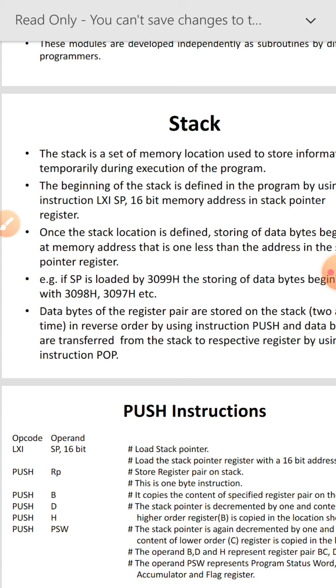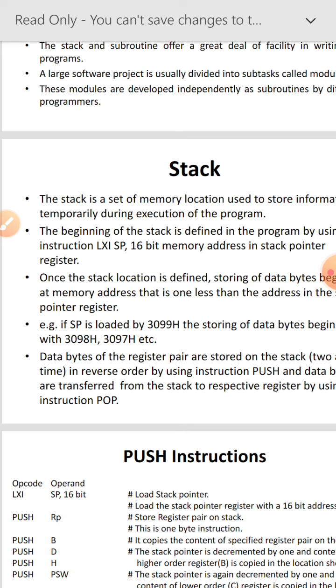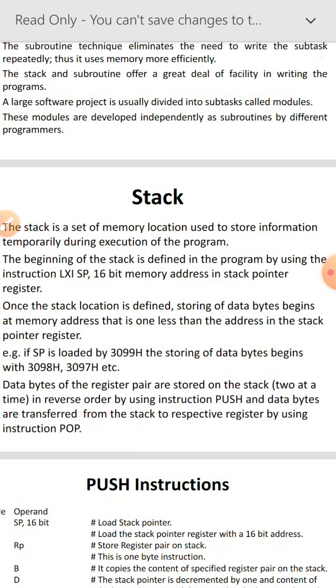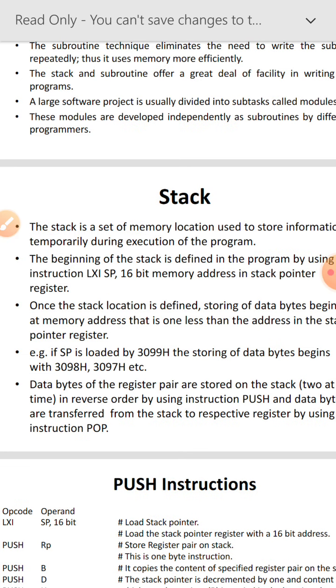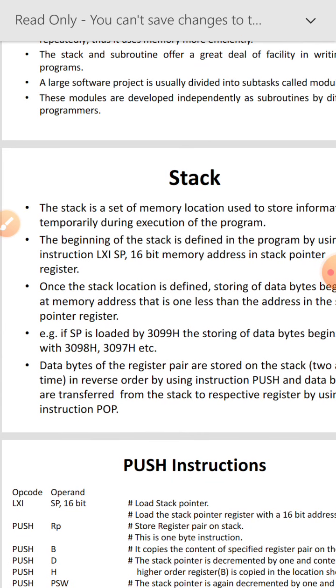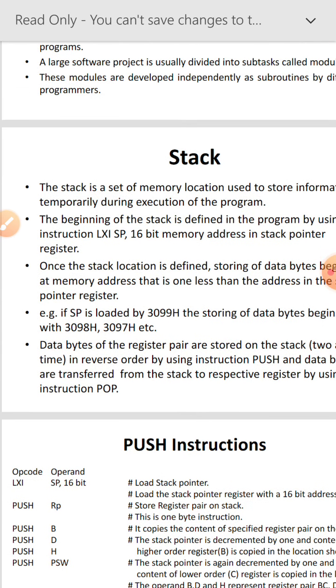The second special purpose register is the stack pointer, which is used to hold the stack top location. Before we use a particular memory location as a stack, it is necessary to initialize that memory address into the stack pointer, and for that purpose we can use a simple instruction, LXI SP, 16-bit memory address. Once the stack location is defined in the stack pointer, that memory location and below it can be used to put data temporarily.